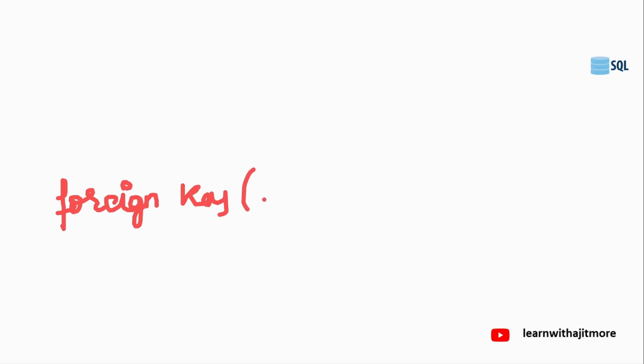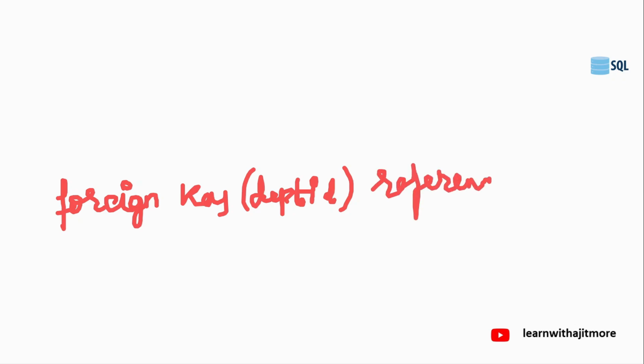Suppose department ID, DPT ID suppose. And then you tell which table it is referencing. So references which table? Department table, whichever column. Getting? And after that, you have to give the cascading rule. Like on delete, what to do.